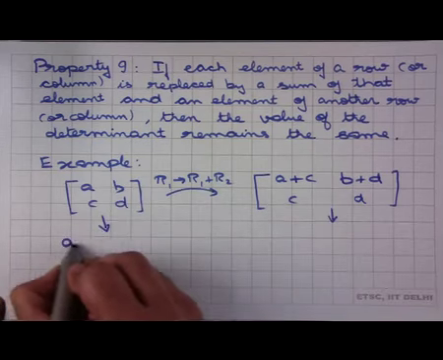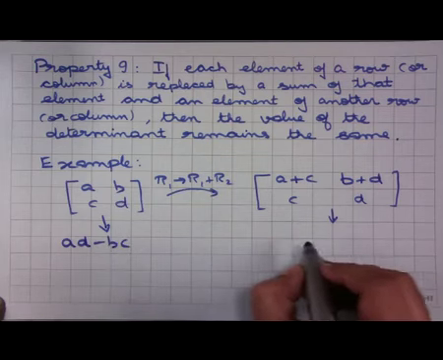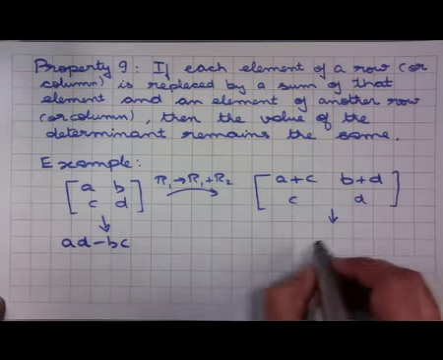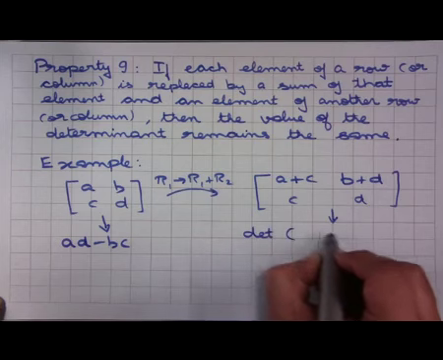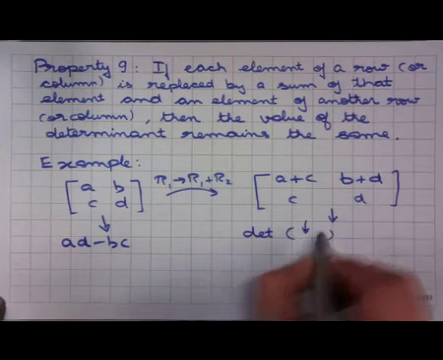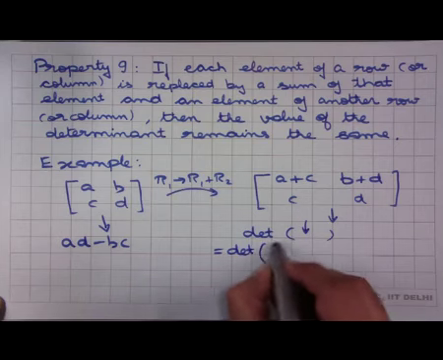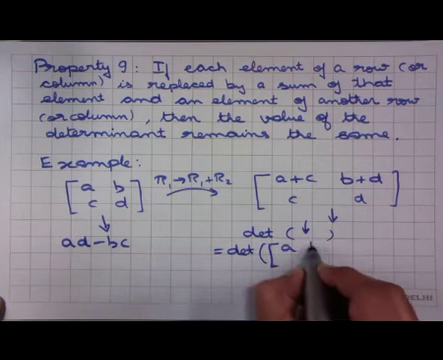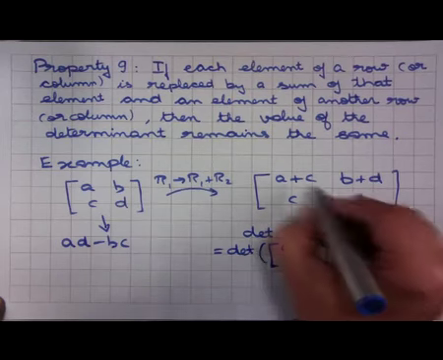Determinant over here is AD minus BC. How do we find the determinant of that? Well, just like we saw in the previous property, the determinant of this matrix can be replaced as the determinant of the matrix A, B, C, D, right, because these are two sums.